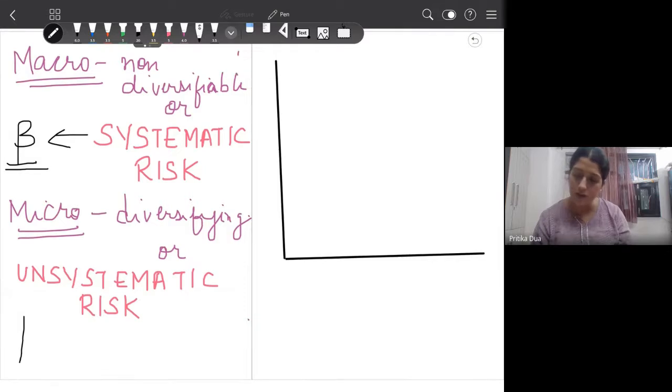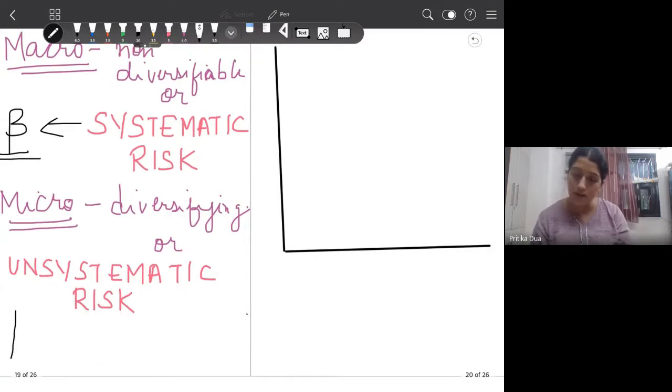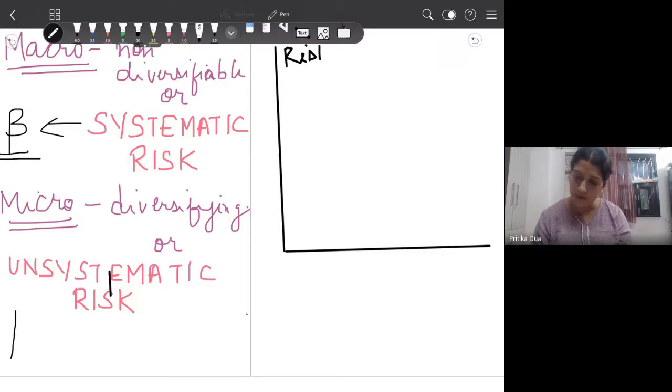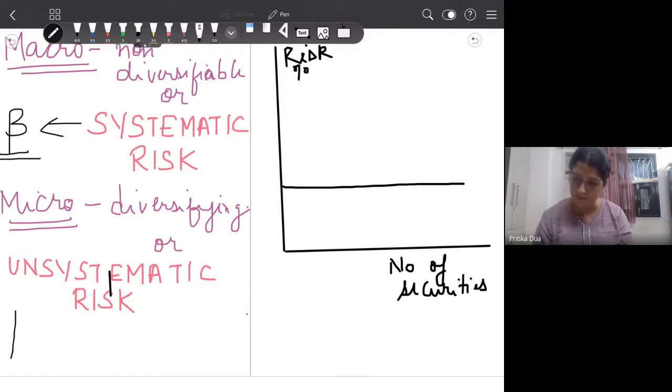If I take the risk in percentage on the y-axis and the number of securities on the x-axis, then this will be my systematic risk.